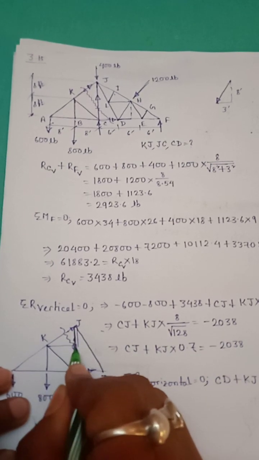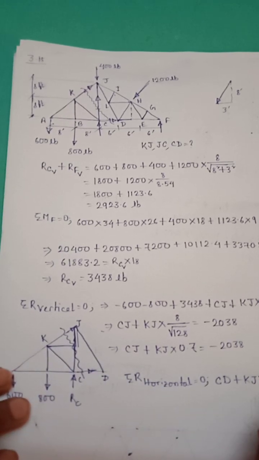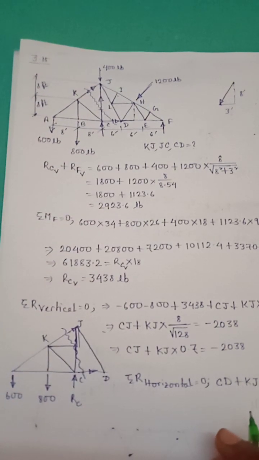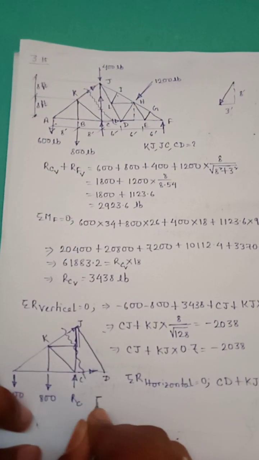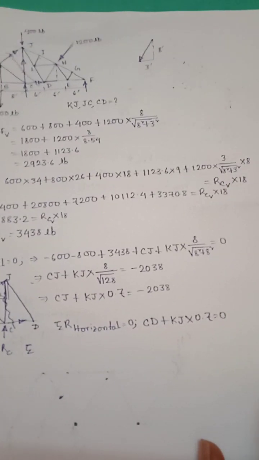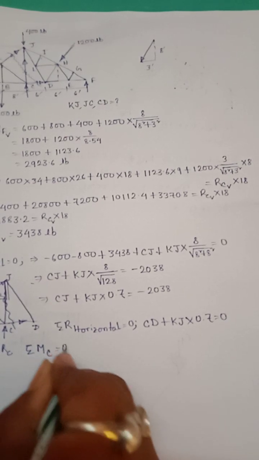As height and base is equal, so it will also be 0.7. And now moment about C equal to 0.